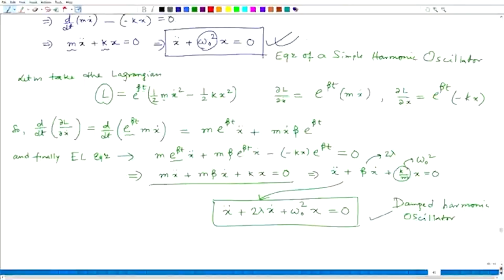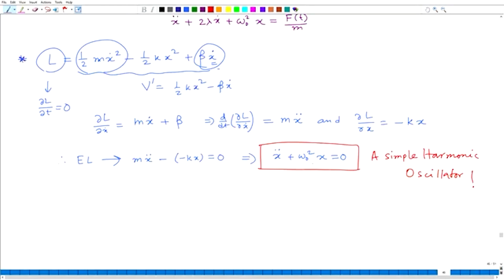So, either one is just the other plus some constant, or one is the other plus or minus some d dt of some function which is a function of x and t only. Here what is the mystery then? This Lagrangian is nothing but the Lagrangian of simple harmonic oscillation, which is just this part, plus this.